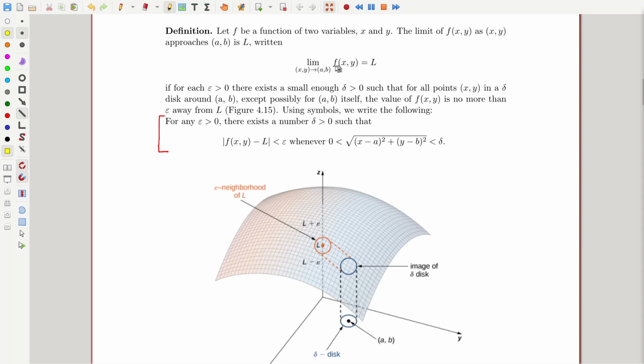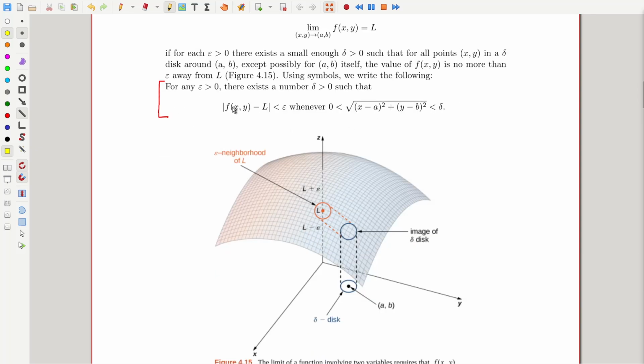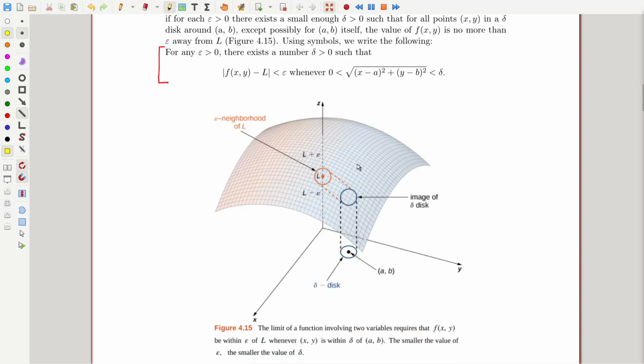The limit of a function is equal to L if you have this complicated paragraph: for every epsilon, there exists a delta such that for all points in a delta disk around the target point A comma B, the value of f of x, y is no more than epsilon away from the value L. So yeah, symbolically it's like this, and let me just try to impart the intuition here.